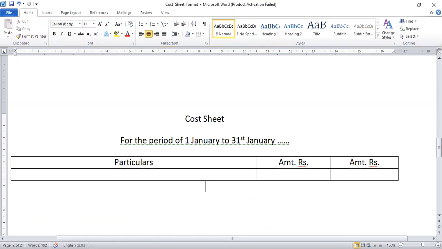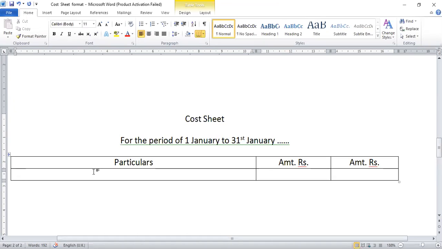So according to the problem, we have to make some changes in our format, correct? Okay. Now, what they have given in the problem, first line, opening stock of raw material and stock of raw material at the closing 31st January. Always remember that in our rough format, we have seen the raw material consumed, but here raw material consumed is not directly given.